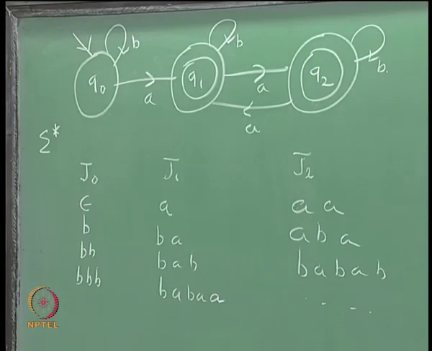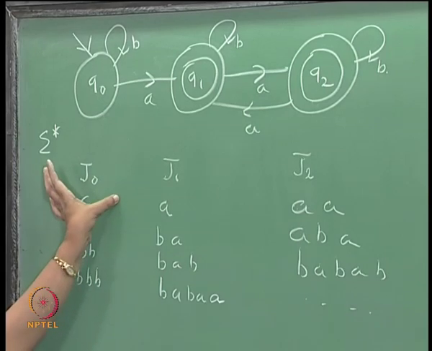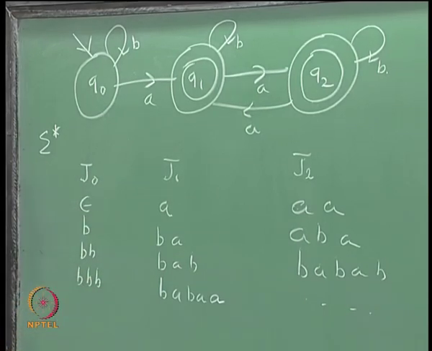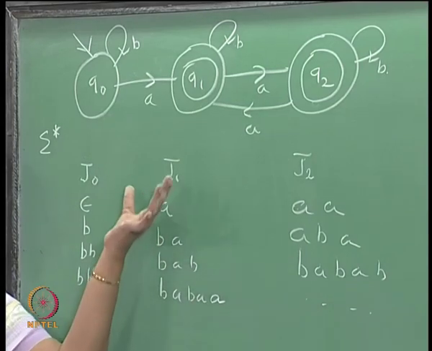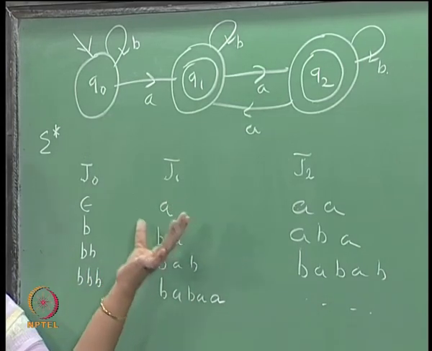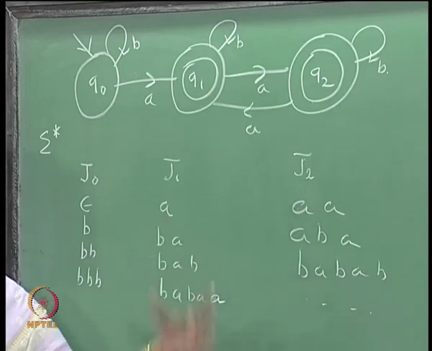If you look at it carefully, the set of strings which do not contain an A at all will belong to this class, just strings of B's alone. Any string having an odd number of A's will be in J1, any string having an even number of A's will be in J2, right.